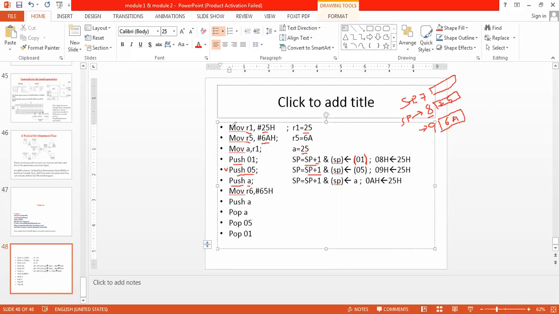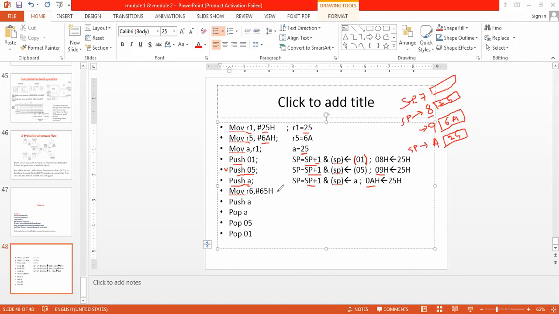Now again push A. A has the value 25H and SP will be incremented by 1. Before it was 09, 09 plus 1 is 0AH. So inside 0AH, 25 will be stored. The new value of SP is 0AH.